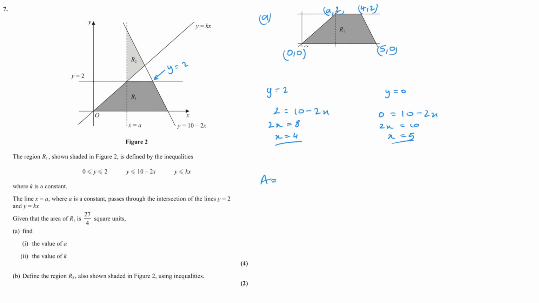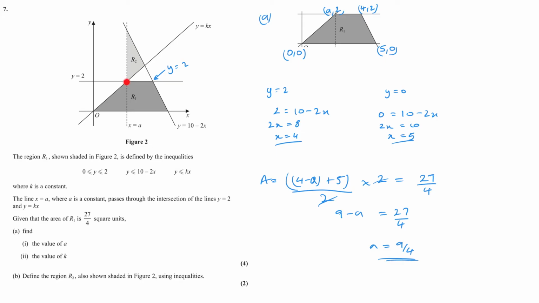So area of a trapezium is A plus B. So that's 4 minus A plus 5 divided by 2 times the height, which is 2, and that equals 27 over 4, which is given to me here. Now the 2's will cancel. So that's 9 minus A equals 27 over 4. So A equals 9 over 4.